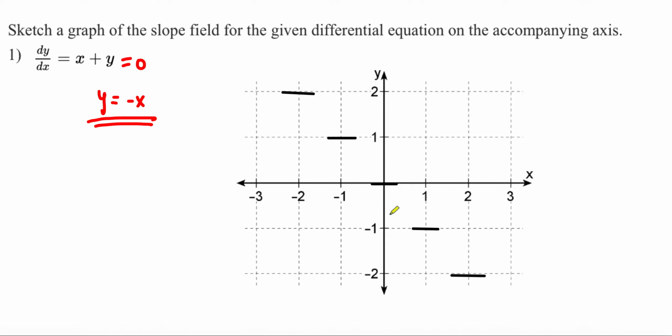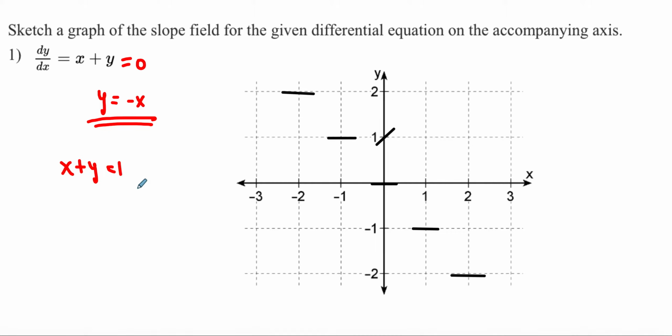Now all the other places I just have to approximate and then see what the values would have been. For example, when x equals 0, y equals 1, then I get slope of 1. And when else do we get that? Basically, x plus y equal to 1.